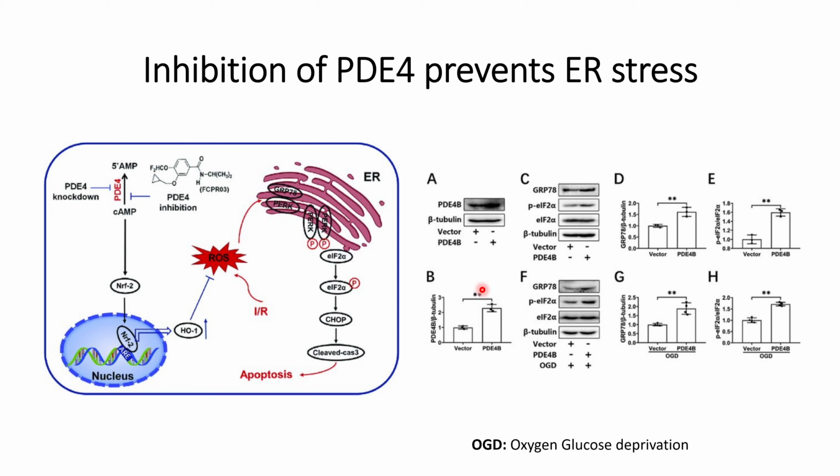So this shows that an increase in the amount of PDE4 will trigger more ER stress even in the normal condition. So from this figure they proved a relationship between PDE4 and ER stress.